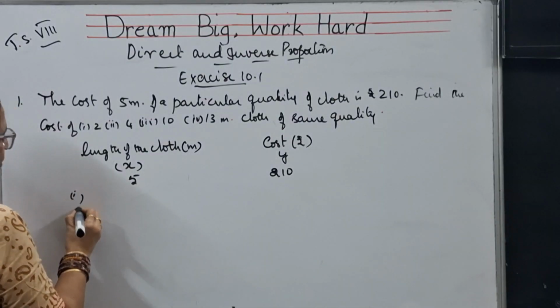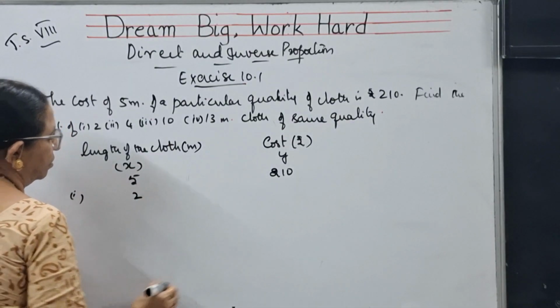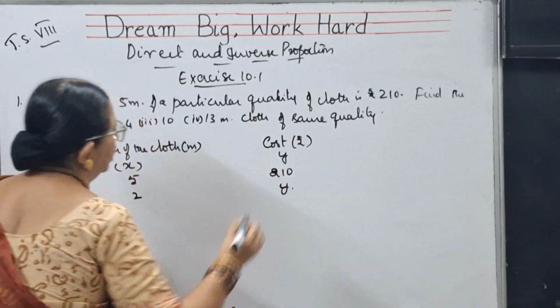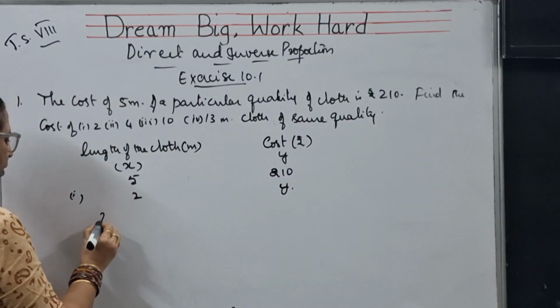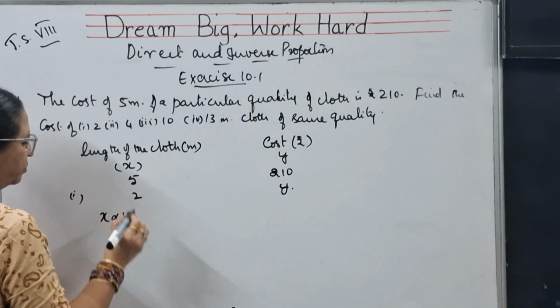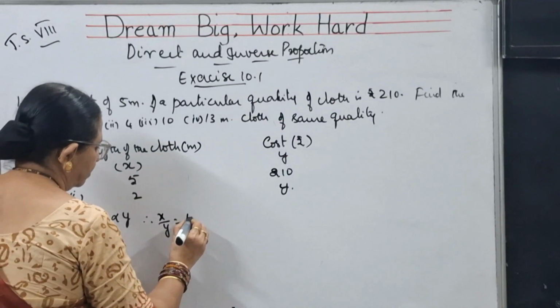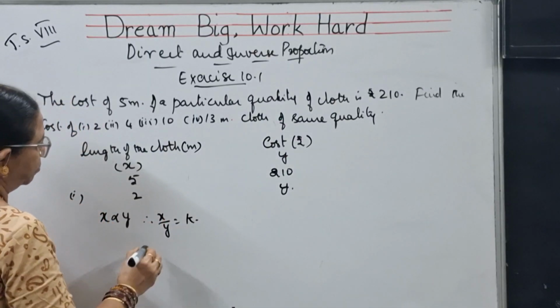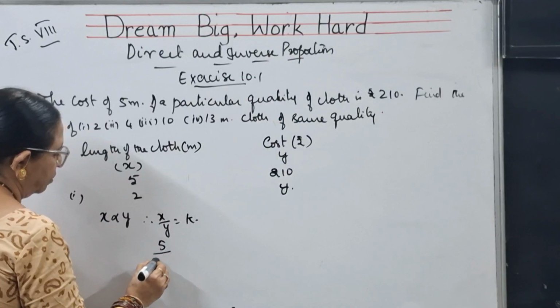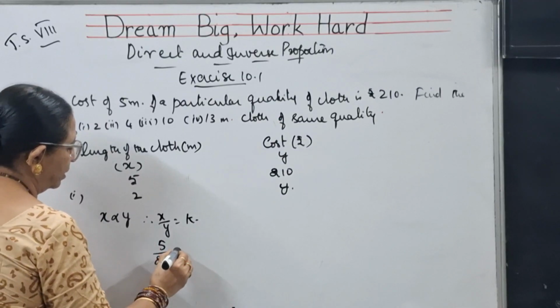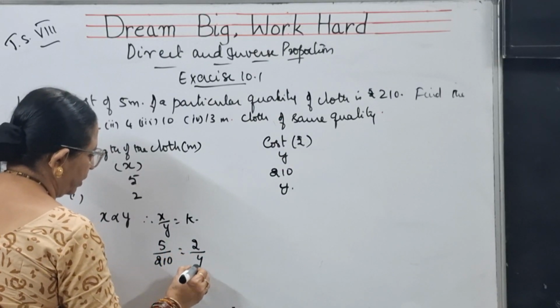So the first bit is 2 meters of cloth is costing Y rupees. So we know that X is directly proportional to Y, therefore X by Y is constant. When X by Y is constant, 5 by 210 is equal to 2 by Y.